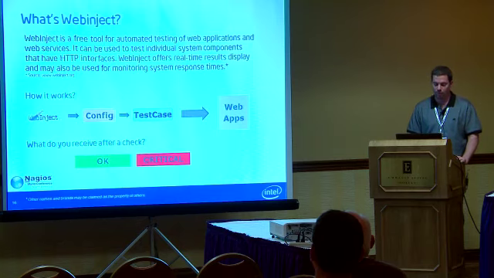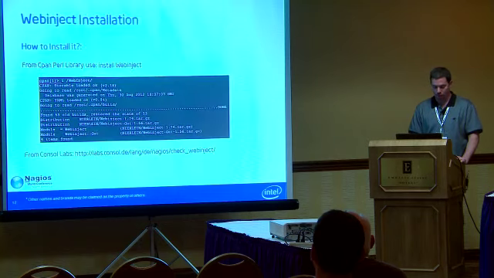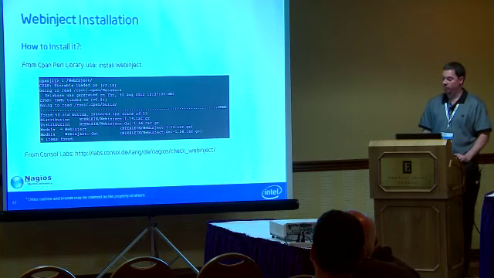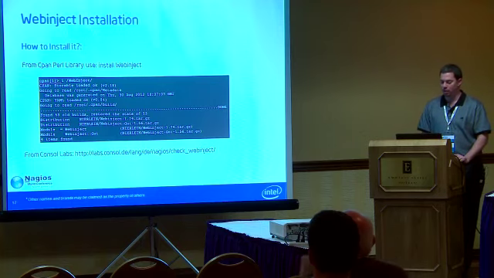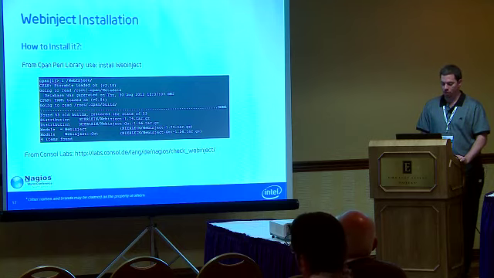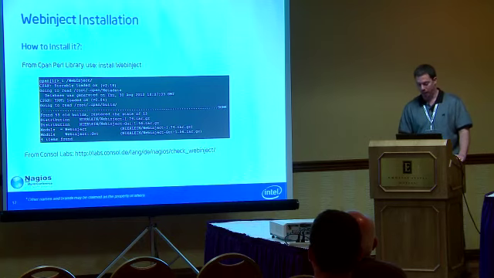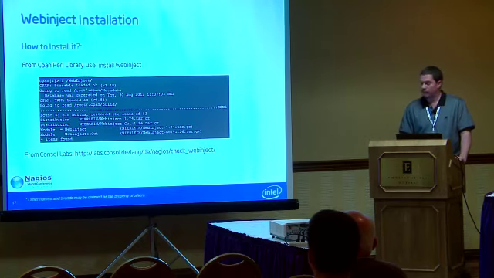And after a check, you receive an OK or critical status. How to install? You can install from the CPAN Perl library, just use install WebInject, or you can download the latest code from Console Labs, the company that is developing the latest code of WebInject.